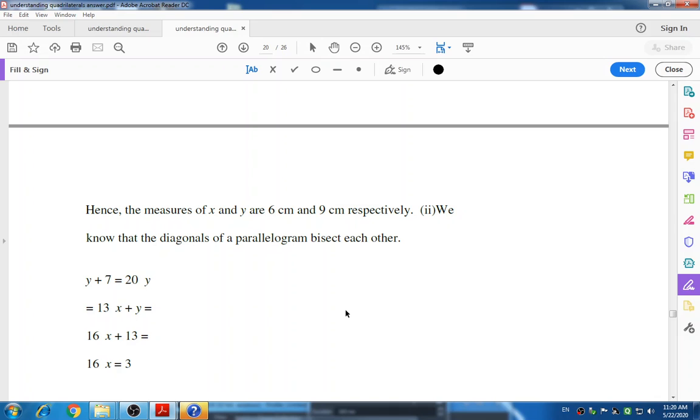Now I and R are adjacent angles, that means they are supplementary angles. So 180 minus 120 we get 60. So S is also 60 because they are opposite angles. Now look at CLUE. This L and this E are opposite angles of a parallelogram which are equal.